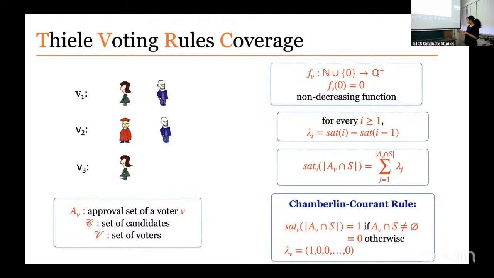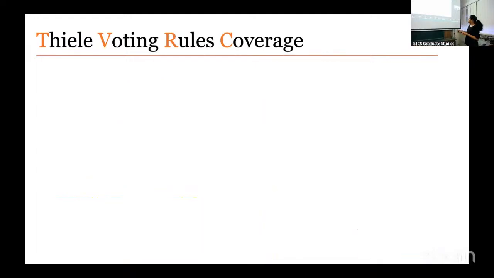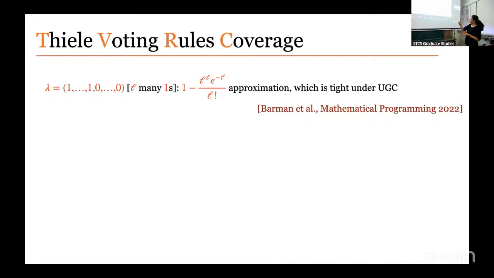So when you have n many ones together followed by all zeros, then this approximation is given by Berman et al. So for 1 followed by all zeros, it is 1 minus 1 by e, same as this.